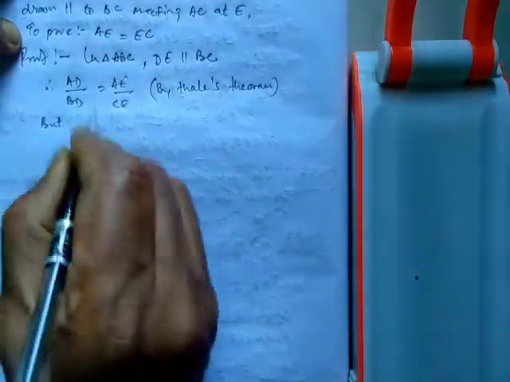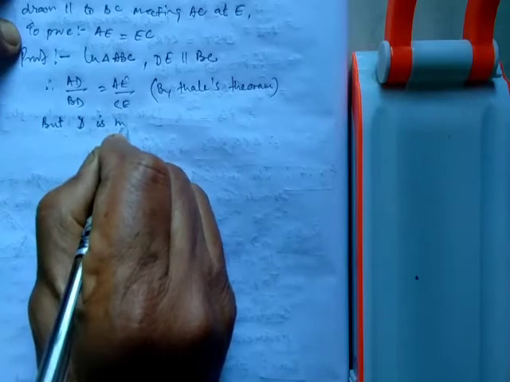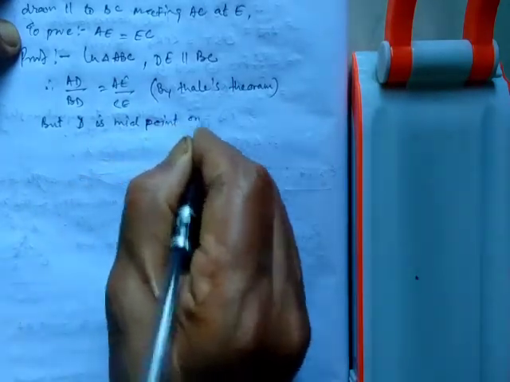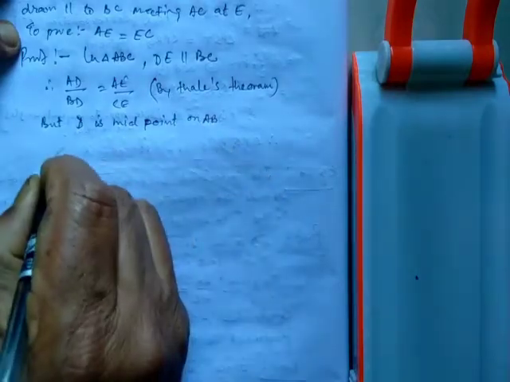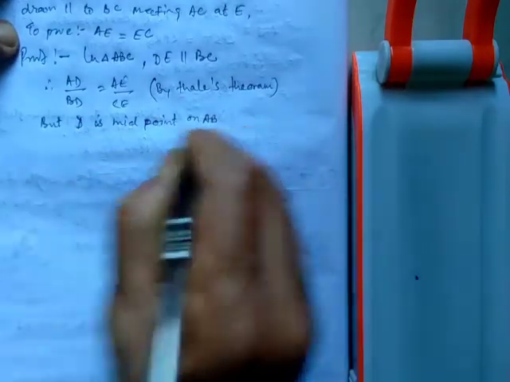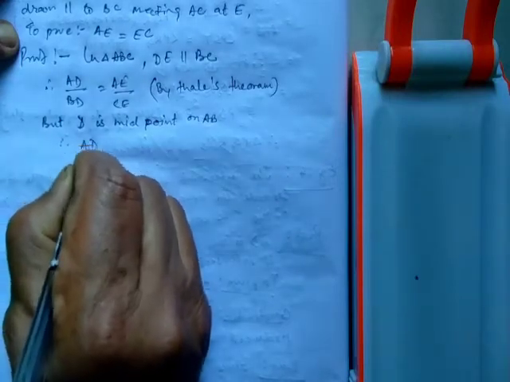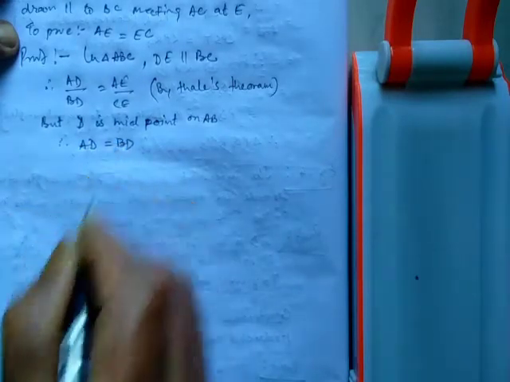But D is the midpoint on AB. Therefore, AD is equal to BD.